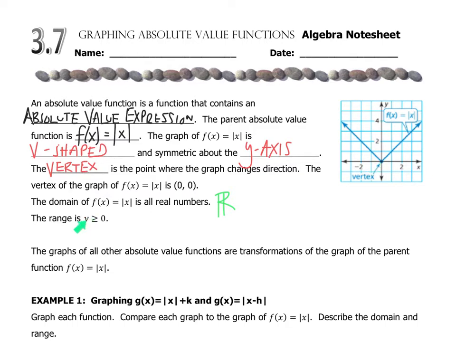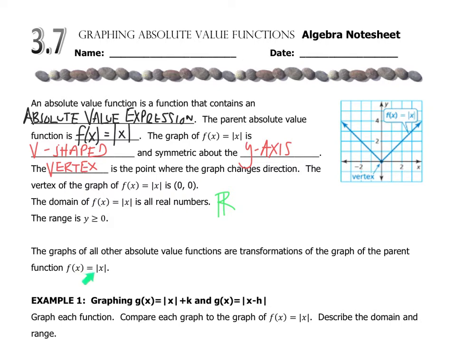So we represent that with this. The domain is all real numbers, but the range from our picture is only y's greater than or equal to 0. That's important to watch. Don't fall into a trap of saying they're both all real numbers all the time. Look at your graph to determine what y's you're seeing.